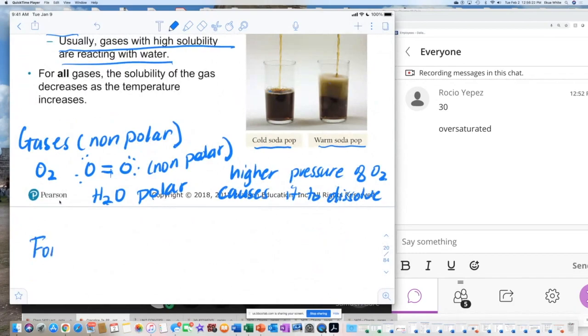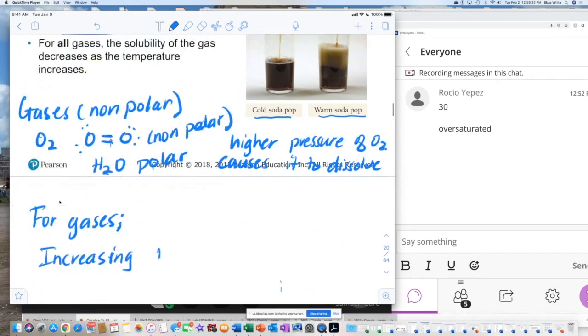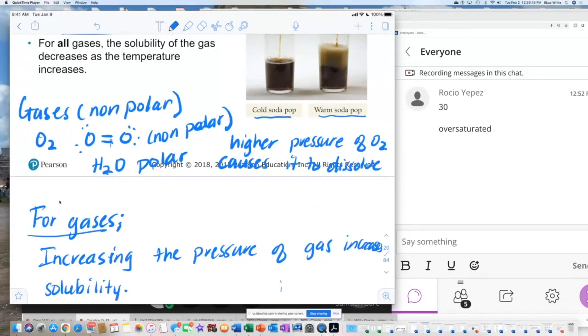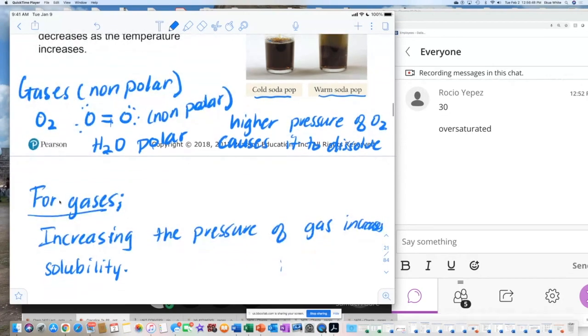So we're able to influence solubility by increasing pressure. Okay? So in general, for gases, increasing the pressure of gas increases solubility. Okay? So higher pressure, higher solubility.